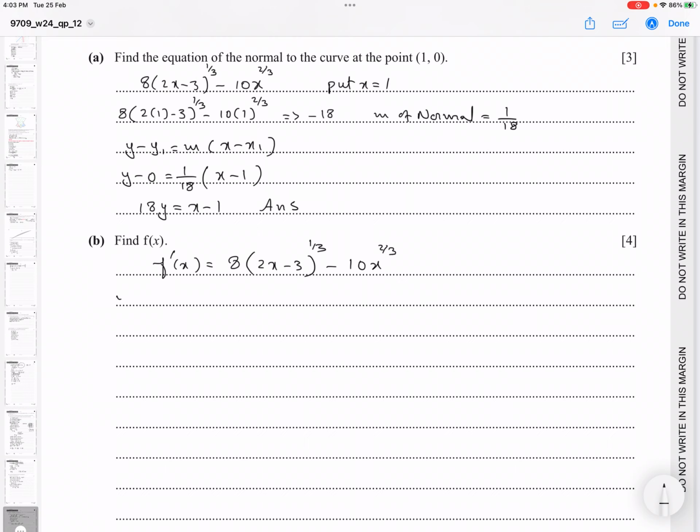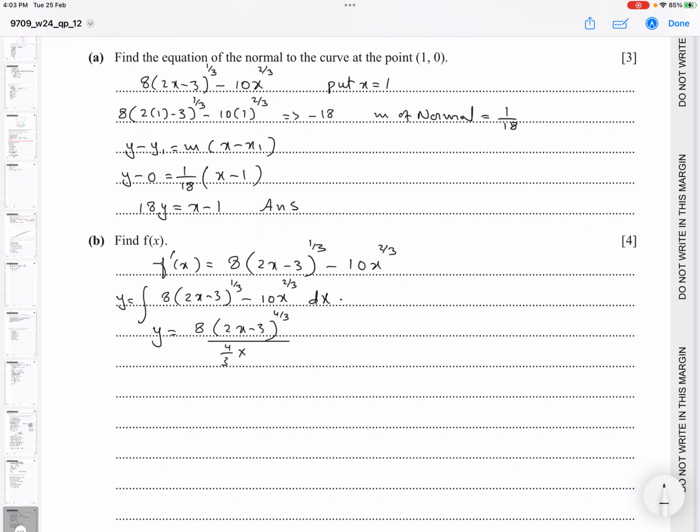So now you integrate: y equals the integral of 8(2x minus 3) power 1 over 3 minus 10x power 2 by 3 dx. So y equals 8(2x minus 3), add 1 to 1 over 3, you get 4 over 3. Now you divide it by 4 over 3 times the derivative of what is inside the bracket.